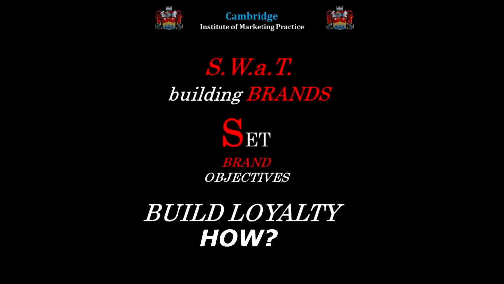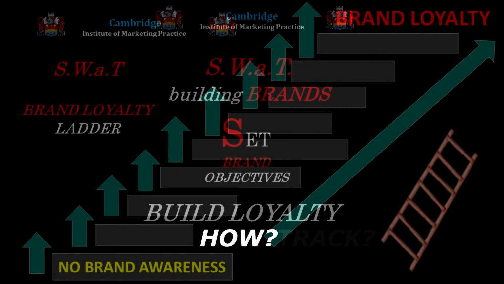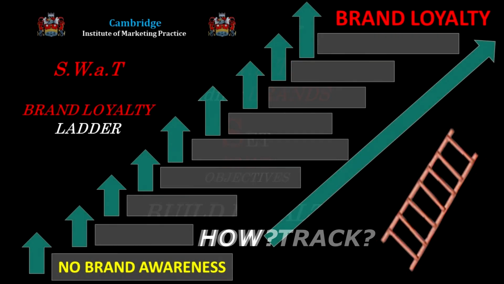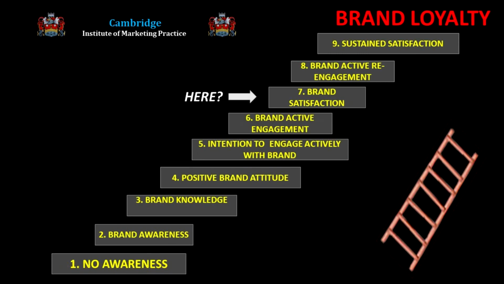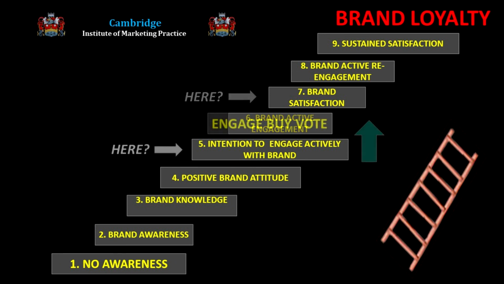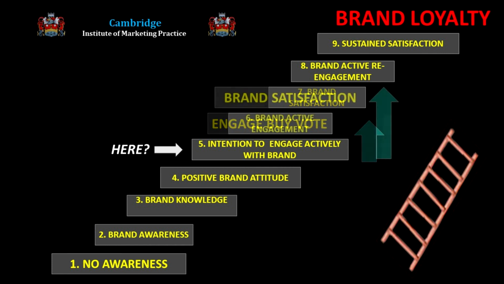How do we set loyalty objectives, and how do we track the progress of targets and the brand through the loyalty space and up the ladder towards absolute brand loyalty? If you have one target, that's easy. Where is he or she on the ladder at a given point in time? Set the objective of climbing a rung or two, and by when, and check back to monitor progress.